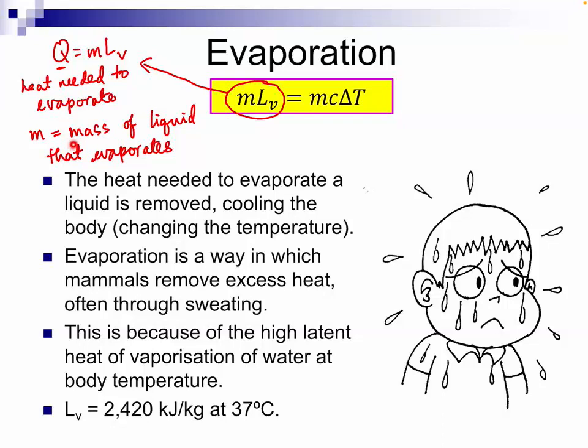Right, so heat is needed to evaporate the liquid. Where will that heat come from? It will come from the body. And as a result of the body losing heat to evaporation, the temperature will change. So this mc delta T on the other side of the equation is the Q equals mc delta T. It's the heat that goes into evaporation.